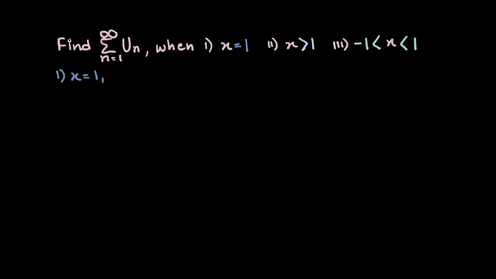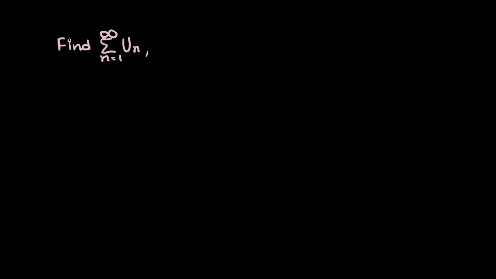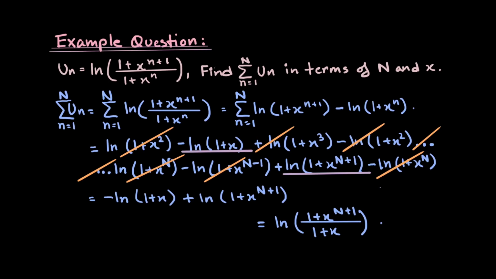Now, they ask us to find the sum to infinity of this expression, given three scenarios. The first scenario being x is equal to 1. Going back to the original expression, you have (1 plus x to the power n plus 1) divided by (1 plus x).